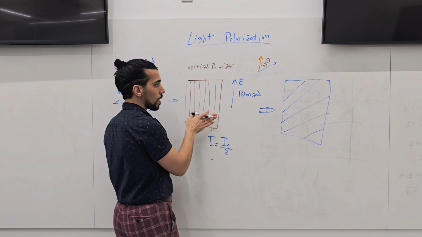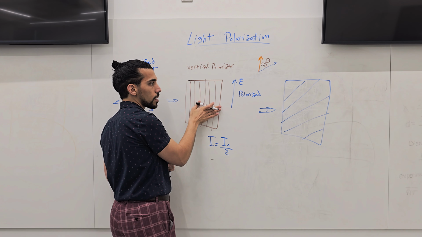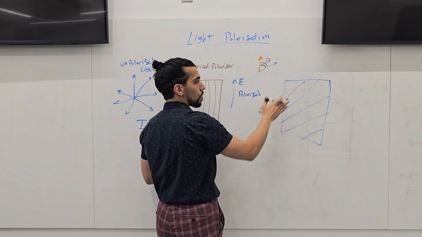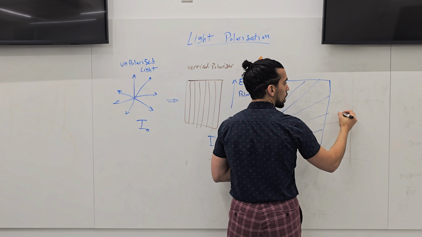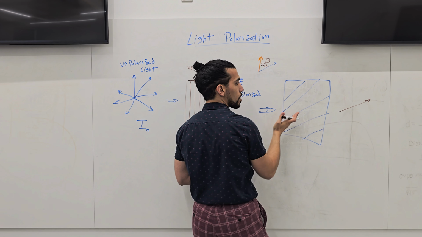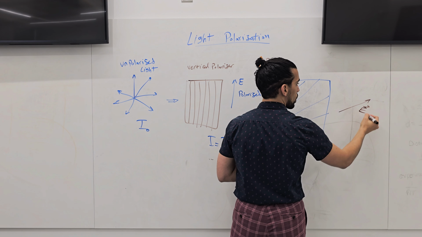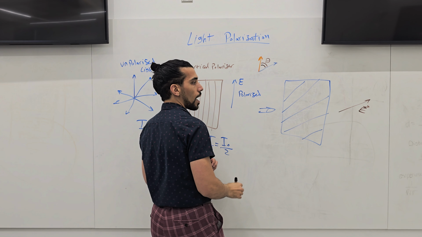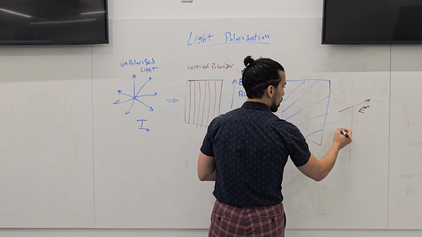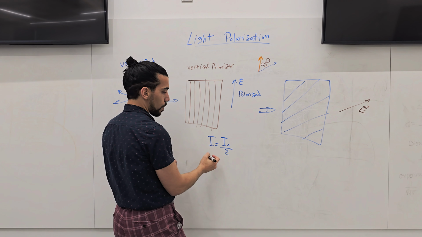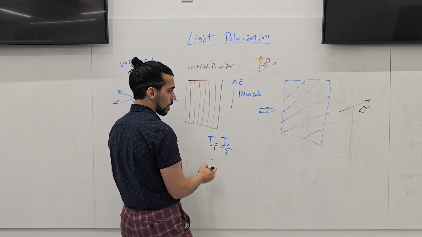So when the polarized light, the vertical one, goes through here, the outcome is going to be an electric field that's in the same direction as this polarizer. This is going to be the oscillation of the electric field. And the intensity, let's say this one is I1.